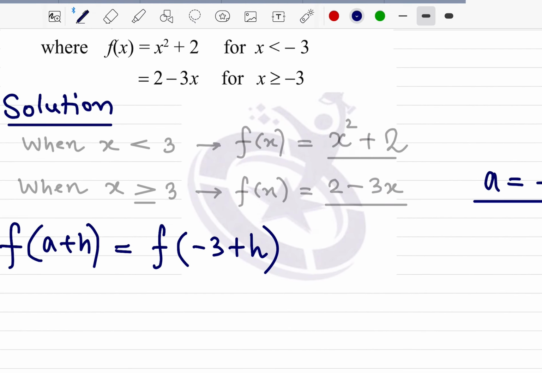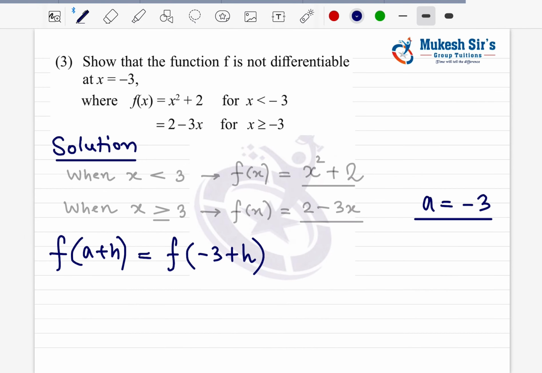Now f of minus 3 plus h means it is greater than minus 3 or less than minus 3? Greater than minus 3, right? Minus 3 plus h. So that'll become f of minus 3 plus h. Greater than minus 3 वाला function ये है ना. इसमें हम लोग को x के जगह पे लिखना है minus 3 plus h.